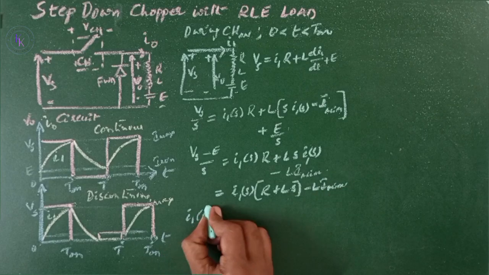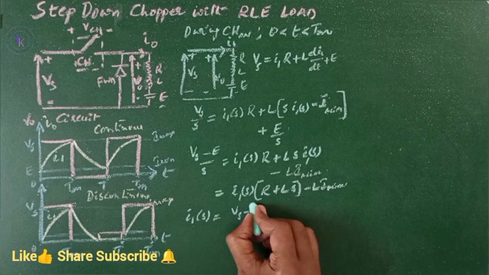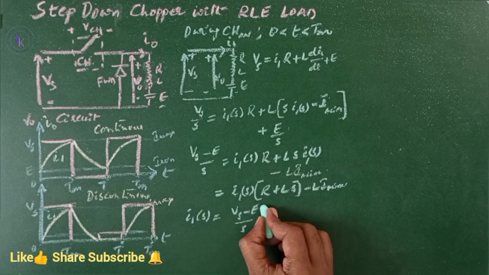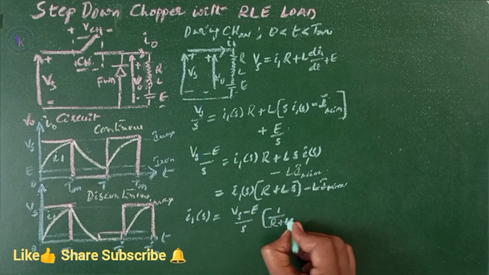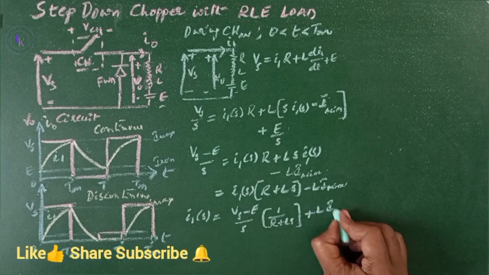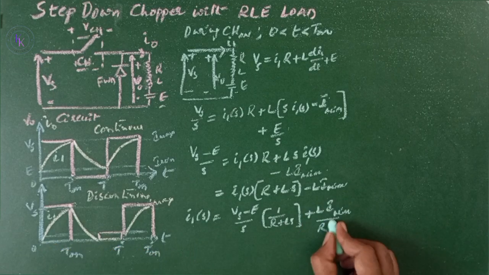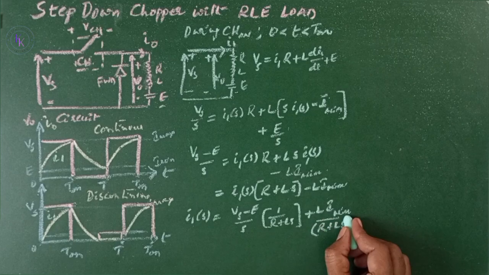I1 of S equals Vs minus E divided by S of 1 by R plus Ls, plus L I minimum divided by R plus Ls.